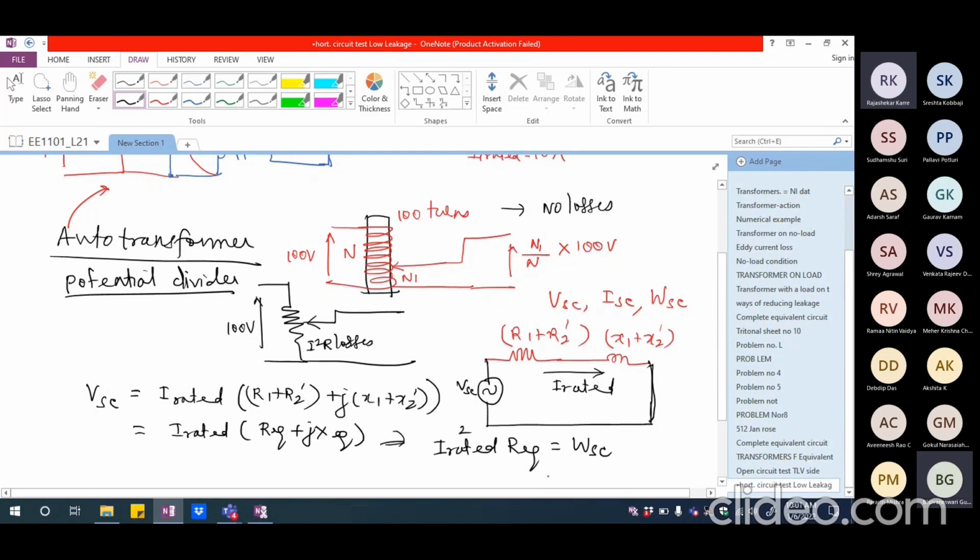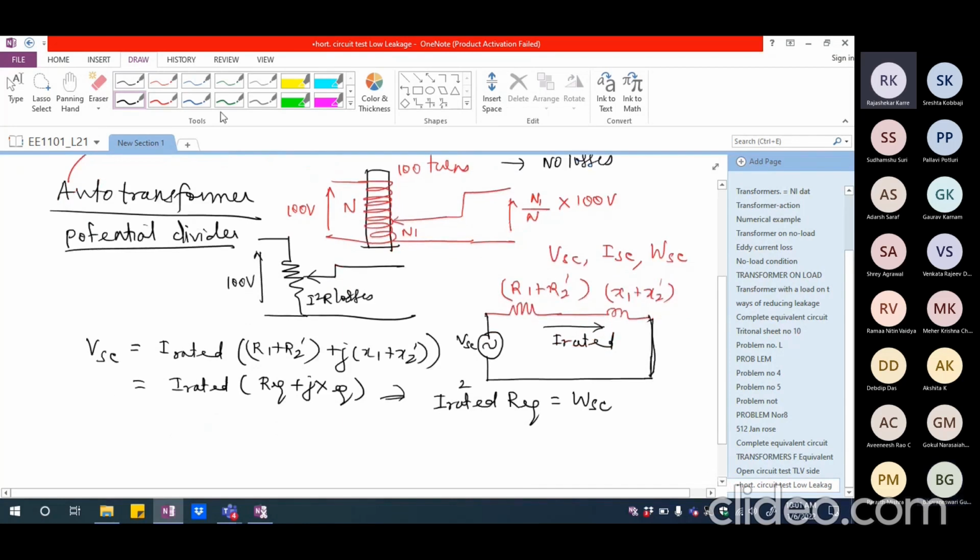Why are we not considering the core losses under this condition? Because core loss should also take place. After all, it is electromagnetic induction which is happening between the primary and secondary. Then there should be established flux. Then why are we not considering that? That we'll have to check. Okay.